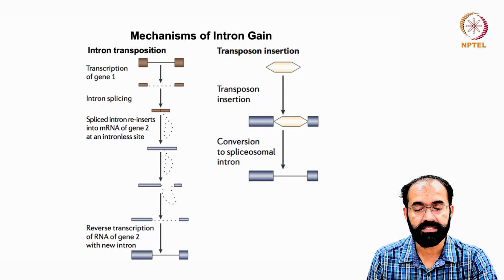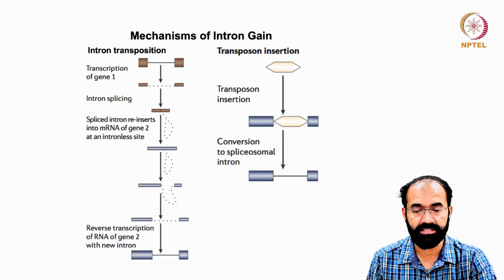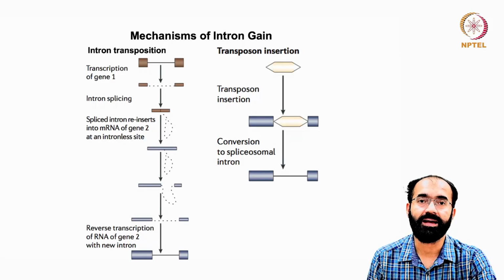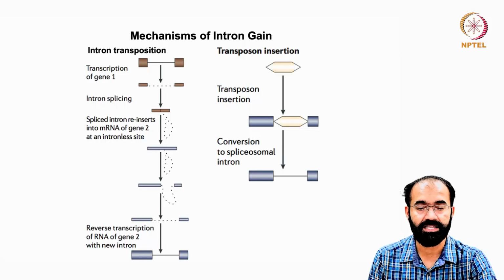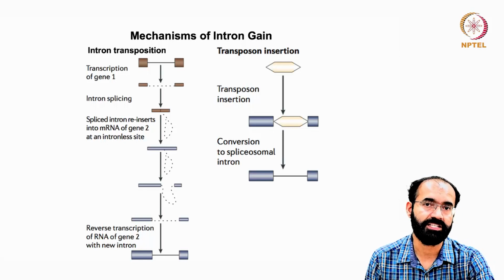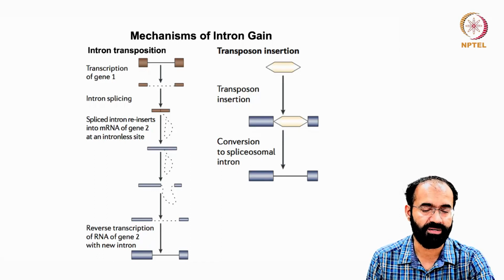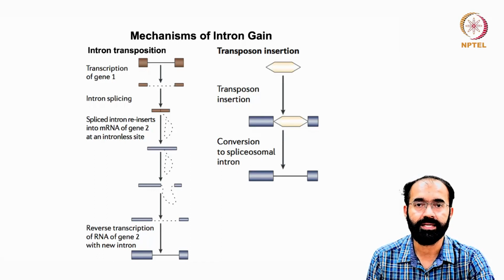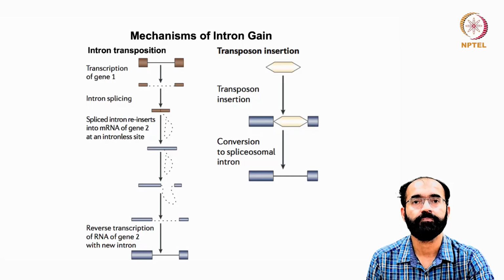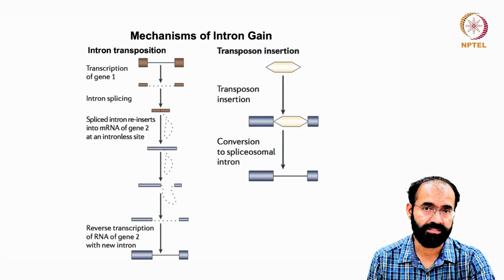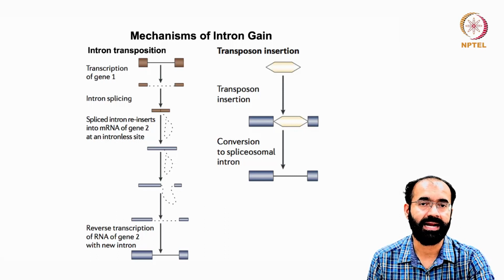And this inserted transposon need not have any features of an intron. So this should gradually get converted into a spliceosomal intron. Like I told you in the previous example also, that any junk DNA or non-useful or not so helpful DNA fragment that is present in the nucleus of a cell, it can integrate randomly anywhere.